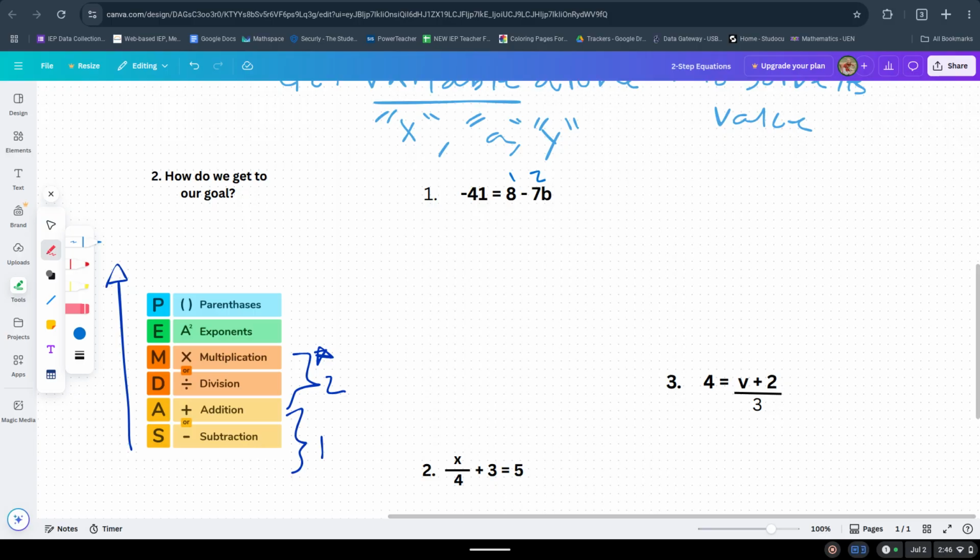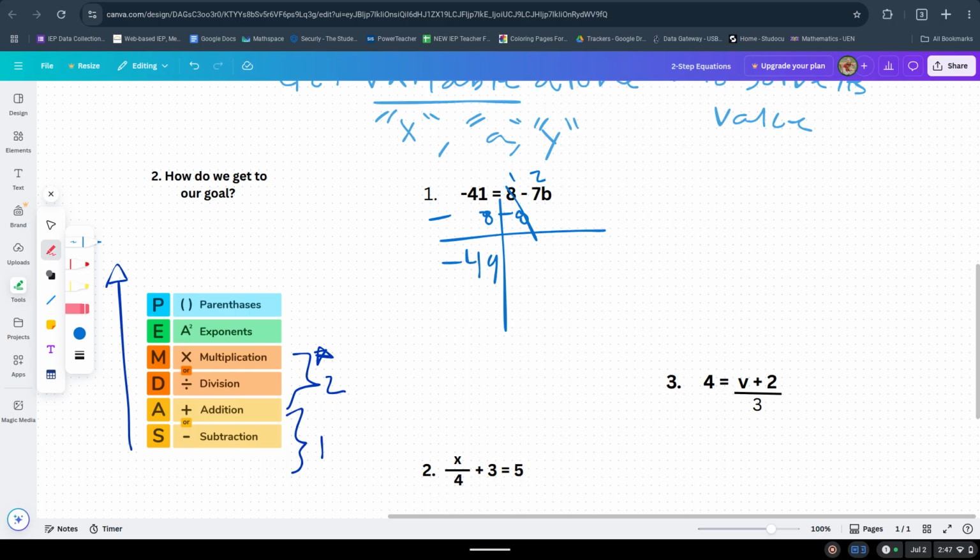So now that we have that done, we're ready to start solving and using those opposite operations. We have this 8 and we want to zero it out. Since it's a positive, I want to minus it. -8. What I do to one side, I do to the other. 8 minus 8 is 0, and then -41 minus 8 is equal to -49.